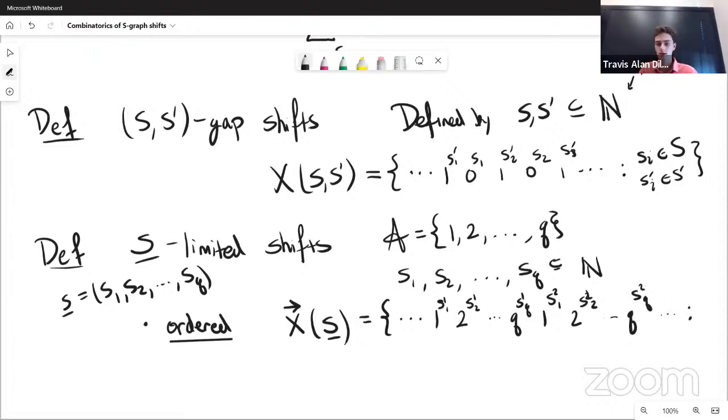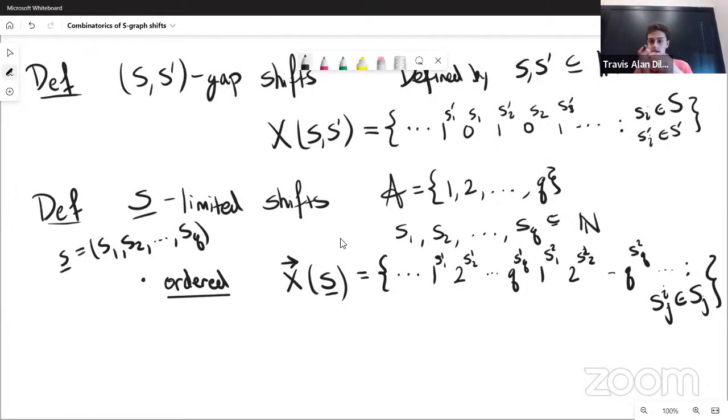So this just has to satisfy the condition that the block of a certain letter is allowed by the prescribing set, right? So each block of ones is controlled, its length is controlled by this set S1 and so on. Okay, so that's the ordered S-limited shifts.